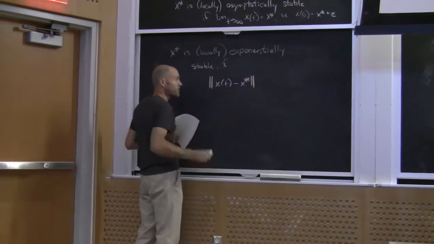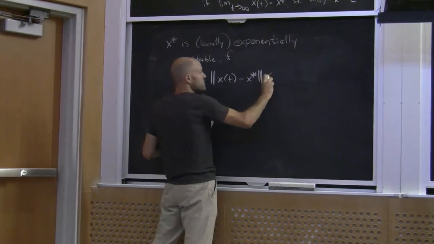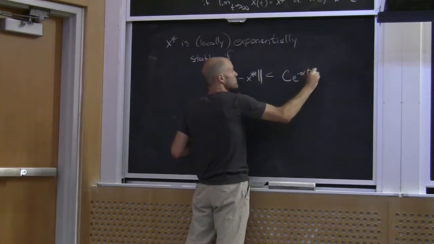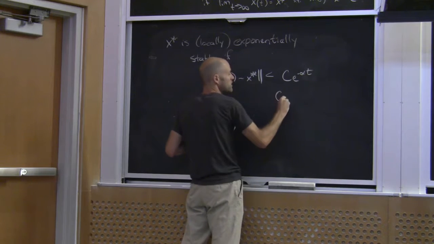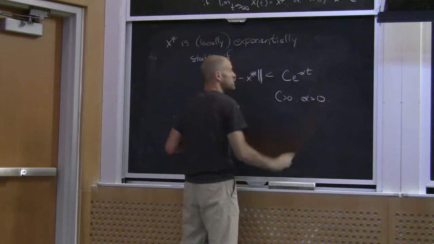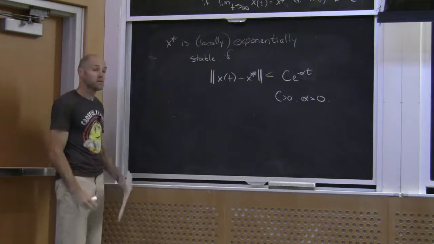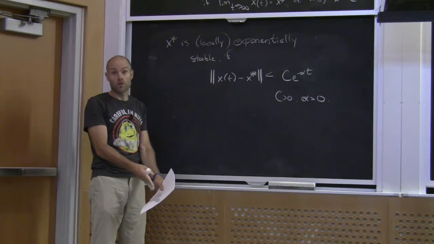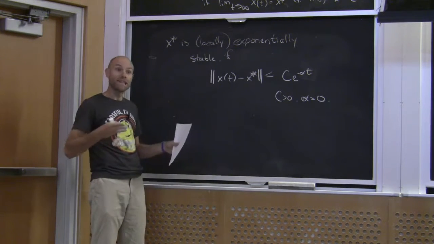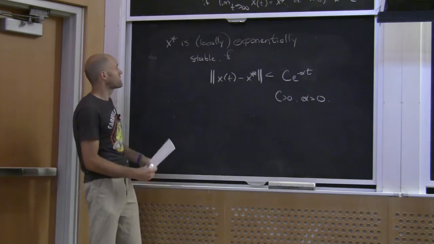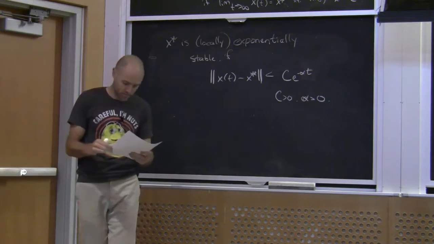I want this number to go down on some schedule. So I need to be able to find some c greater than 0 and alpha greater than 0, such that that distance is going to get smaller on a schedule. Right? So it's going to converge at least exponentially fast. All right, that's the idea of exponentially stable.